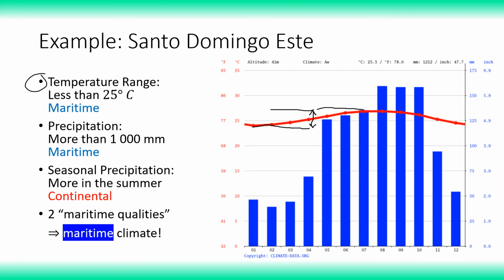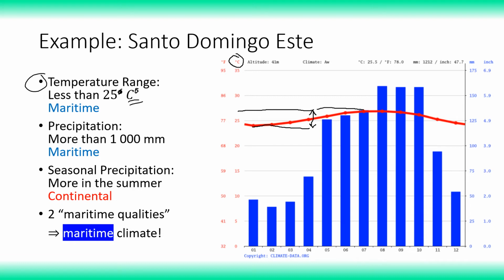If I drag those over to here, this is the column that we want, degrees Celsius, because our temperature range needs to be in degrees Celsius. Actually, this should say less than 25 Celsius degrees, and not 25 degrees Celsius. Sorry about that. When you're talking about a difference in temperatures, like a range, I believe the degree sign is supposed to go after.